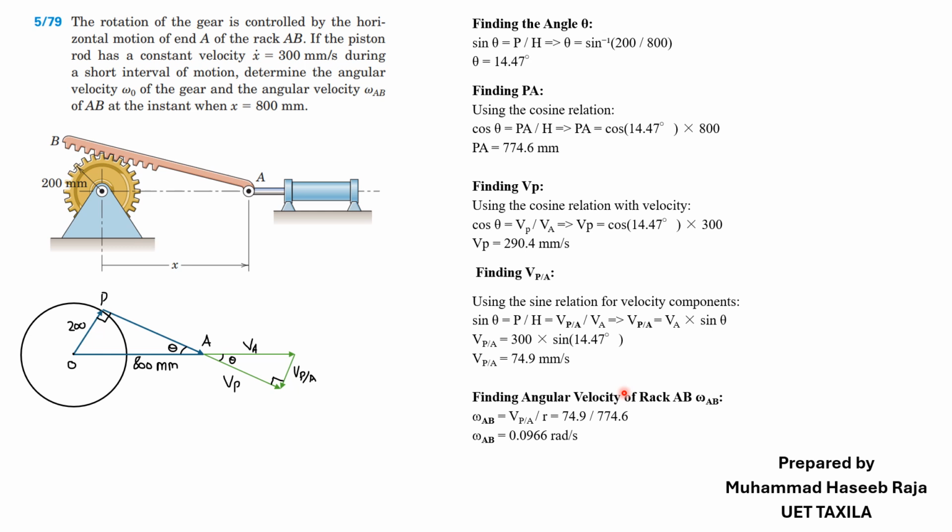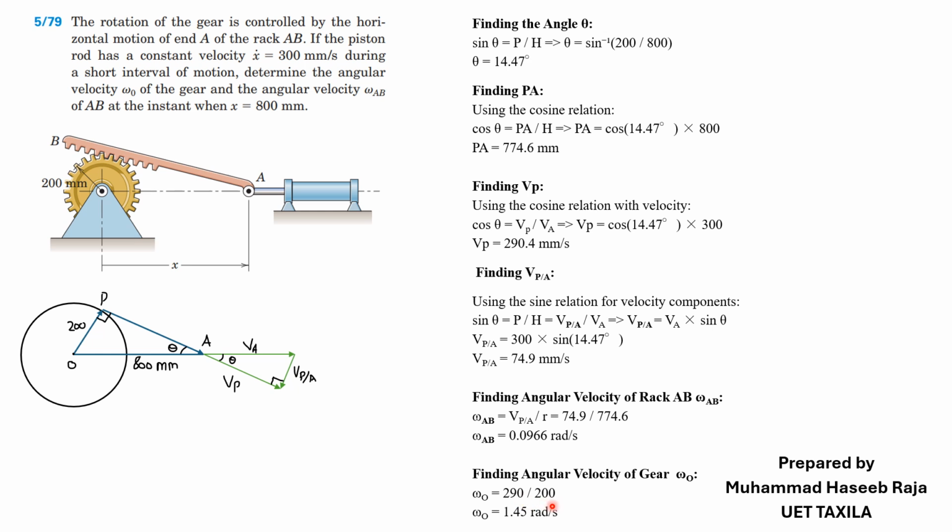Now we find the velocity of the gear, which is omega at point O. At this point the angular velocity is equal to VP over R. Here VP we found, which is 290, not radian per second, it is millimeter per second, and the distance OP is 200 millimeter.